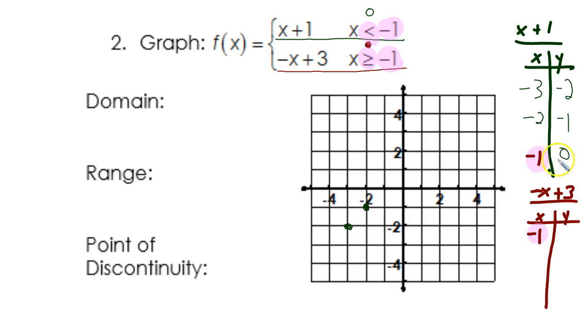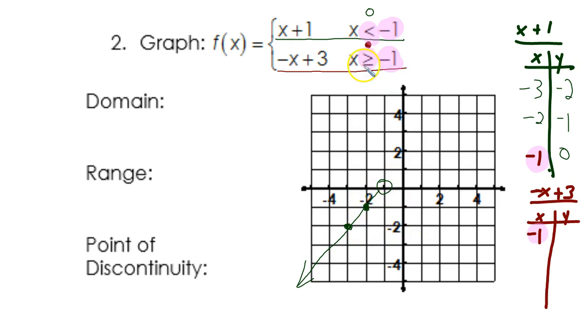But when I get to this -1 comma 0, since x is less than -1, not equal to -1, I'm going to have to put an open circle on -1 comma 0, because -1 is not technically in the domain here, but the function travels up to it and stops there. So for all x values less than -1, all of these x values are good, forever to the left, down to the left, but this one is not included.